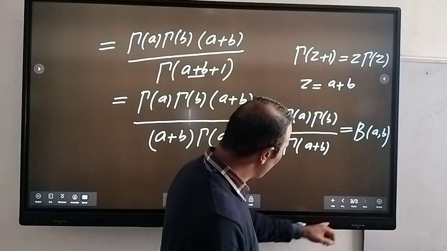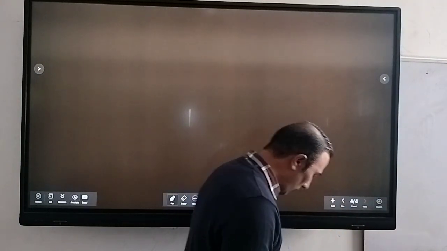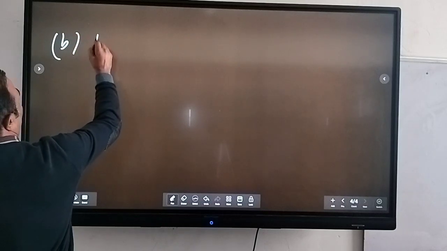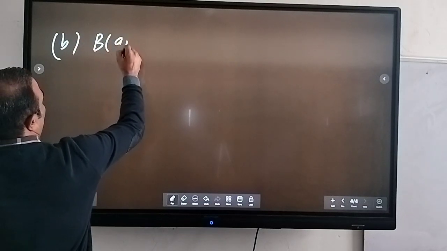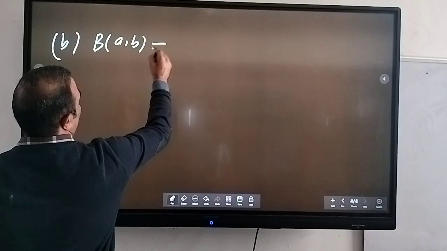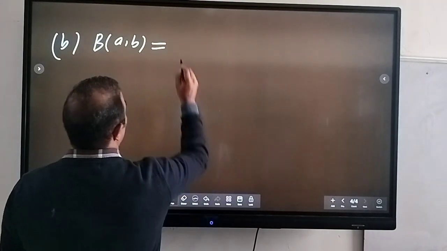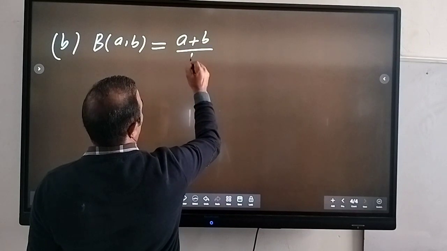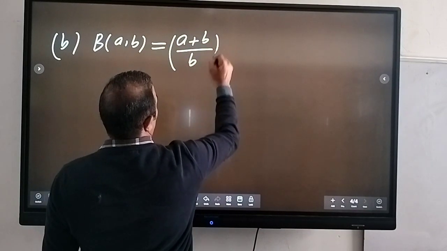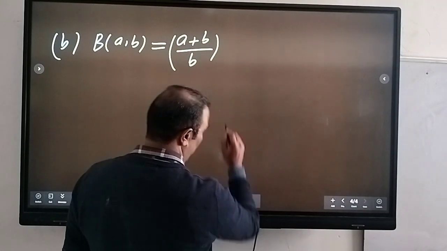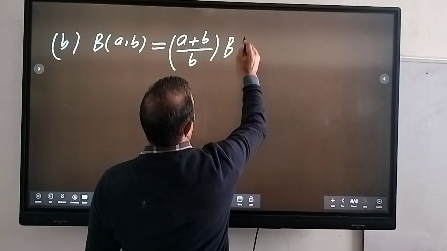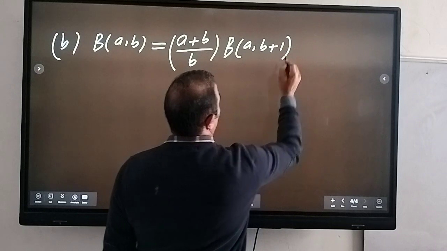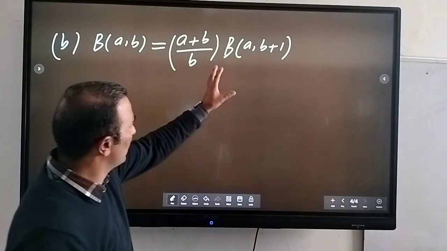Because this was our left hand side, it comes out to be equal to the right hand side. So this was the first identity of the beta function. And similarly, if we check one more identity, we need to write that beta of a b is equal to, okay, so this is another identity.